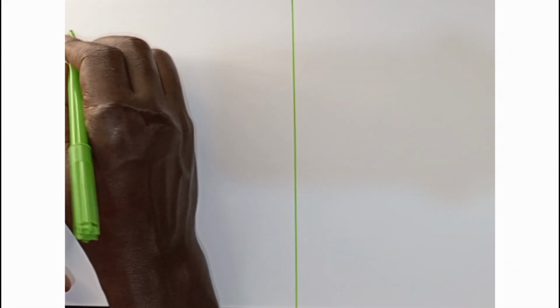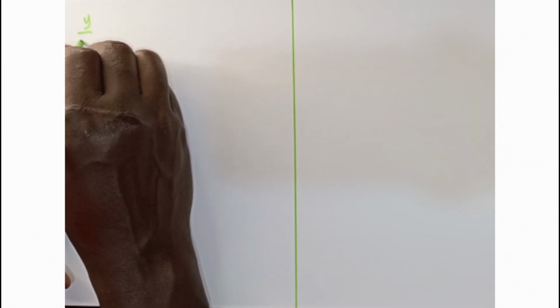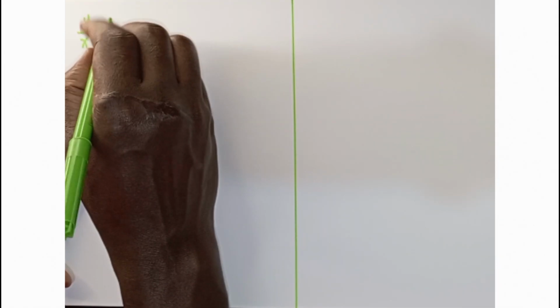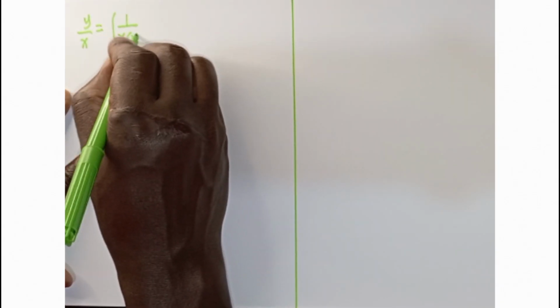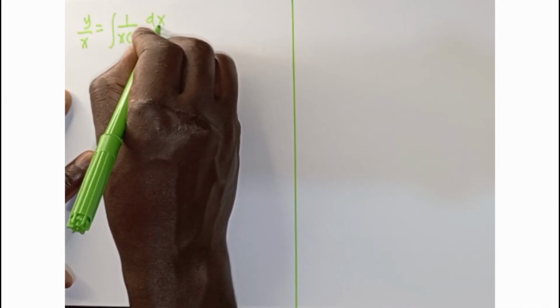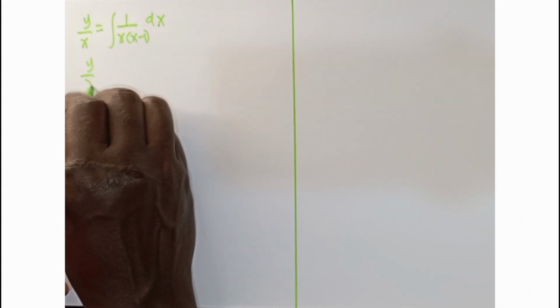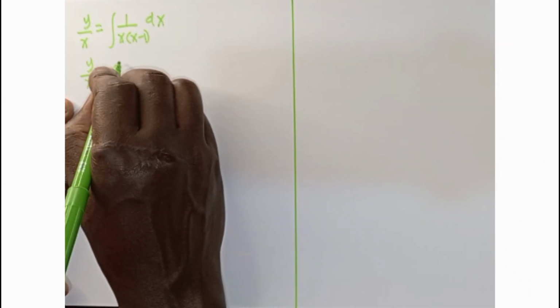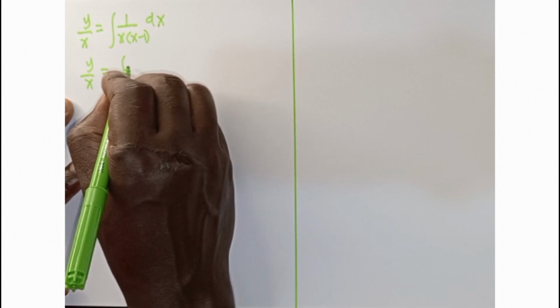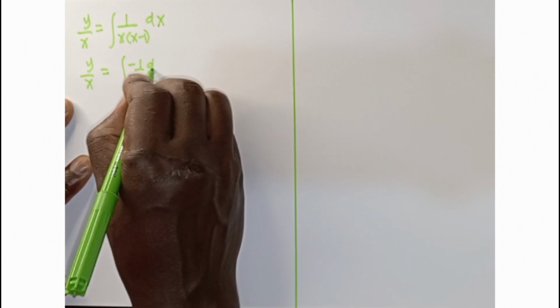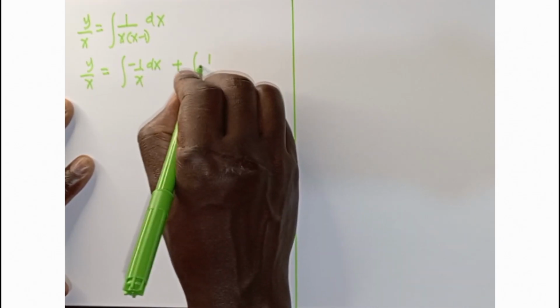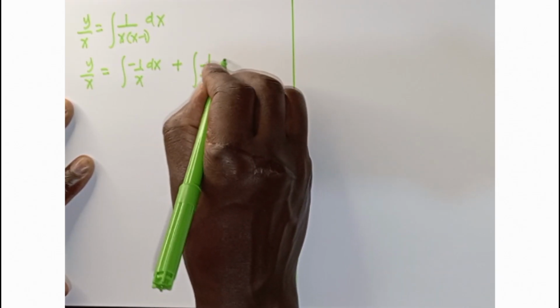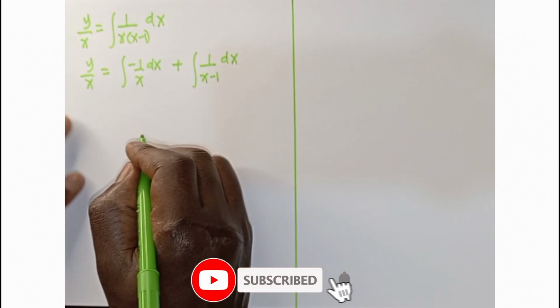On integrating, y out of x, which was the integral of 1 out of x into x minus 1 dx, will actually equal the integral of negative 1 out of x dx plus the integral of 1 out of x minus 1 dx.